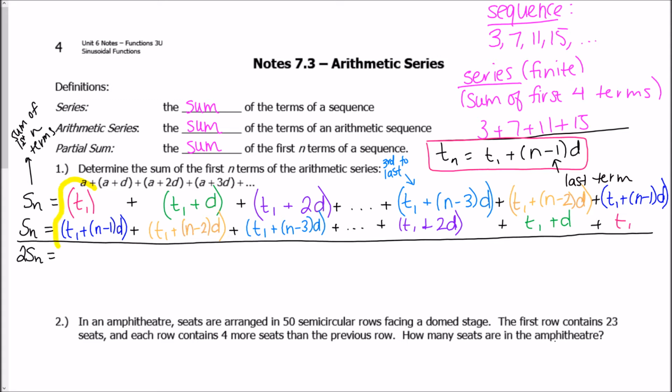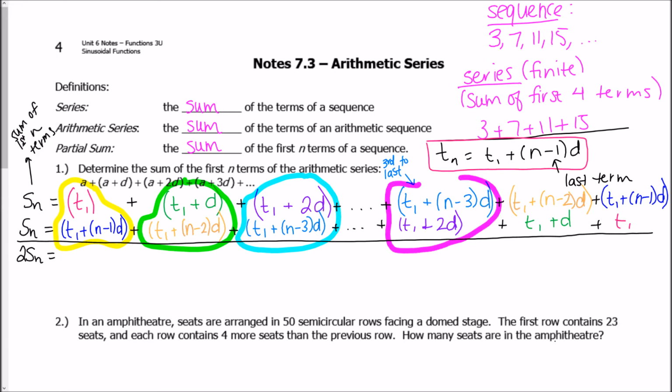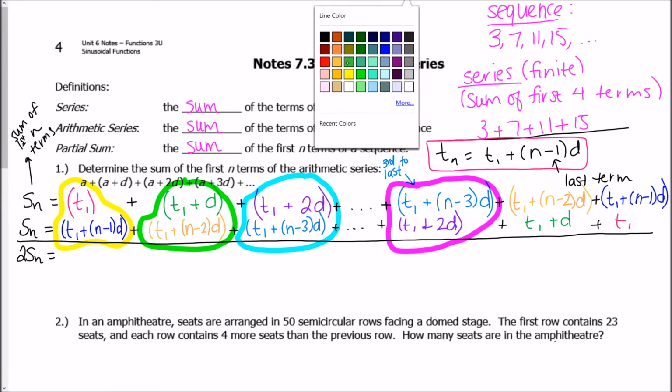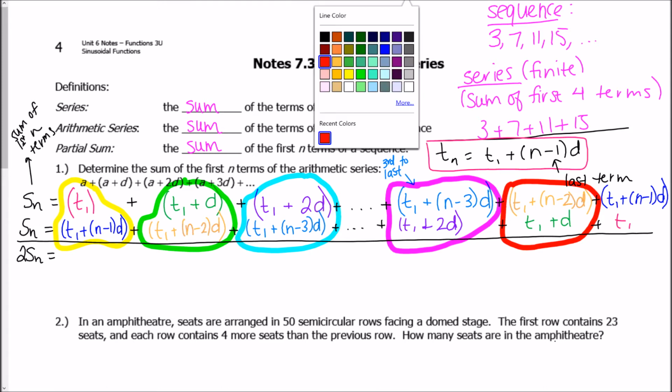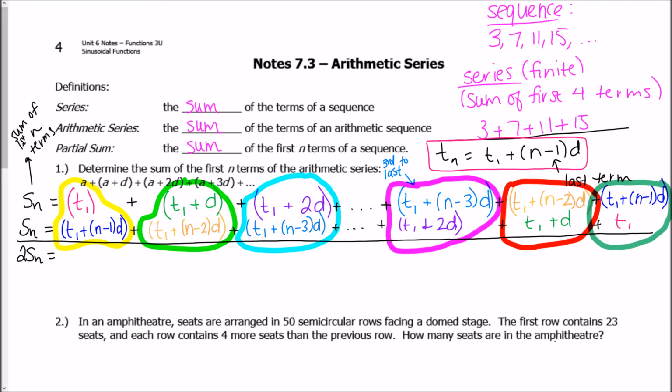I'm going to add these guys together, then these ones together, then these ones will get put together, then I'm going to add these ones together, and then I will add these ones together right here. And then lastly, I will add these ones together.